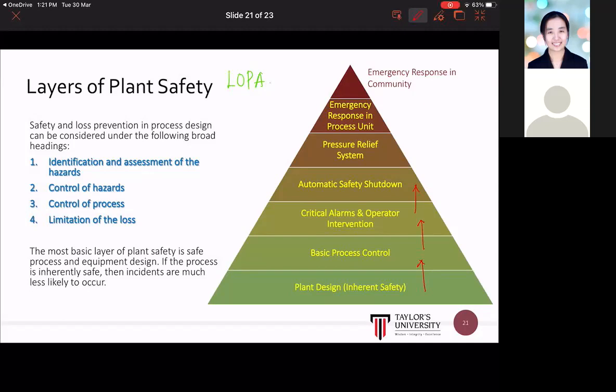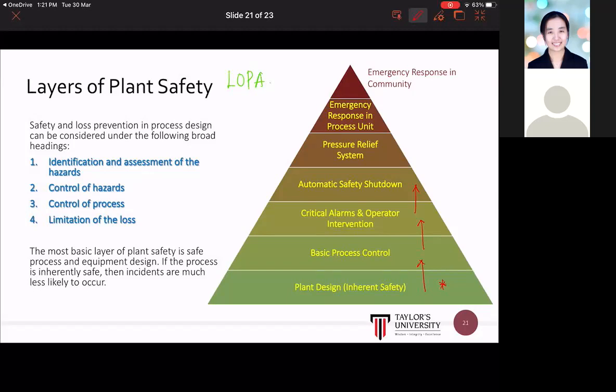But until here, if we can do this, this is the best. If we can't, we go one step higher. But a chemical plant will have all of these elements in there. Meaning, after we look at one step, we look at the second step. If this fails, we have the third step, where we have alarms that ring and operators will come and intervene. If operators can't do anything, the next thing is the safety shutdown.